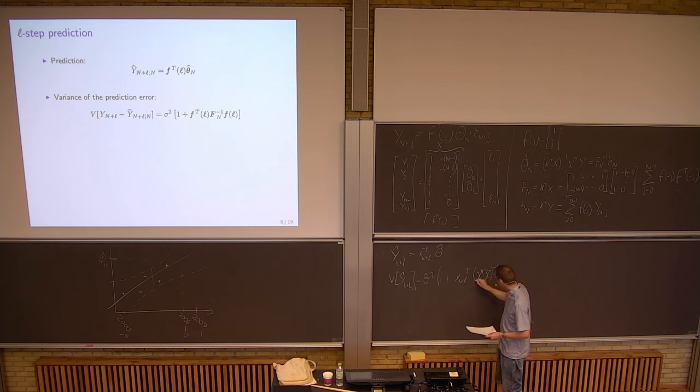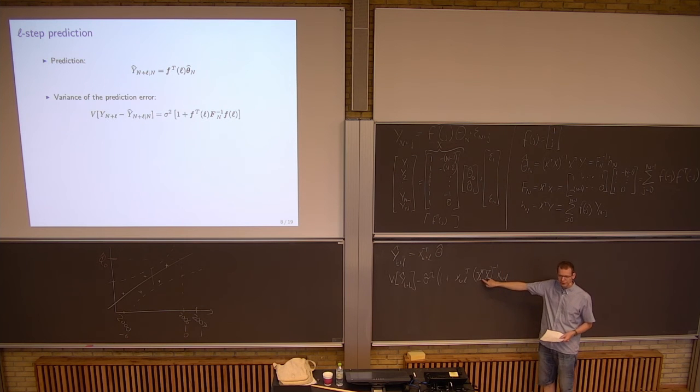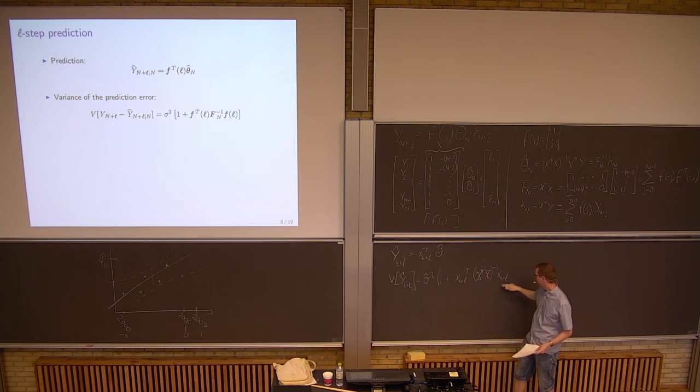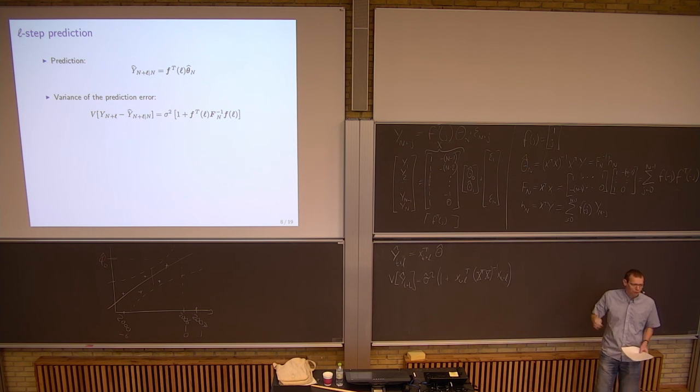Just for this time, I will underline that these are matrices. These are the design matrices. This is a vector and a vector again. So that was what we did last week.